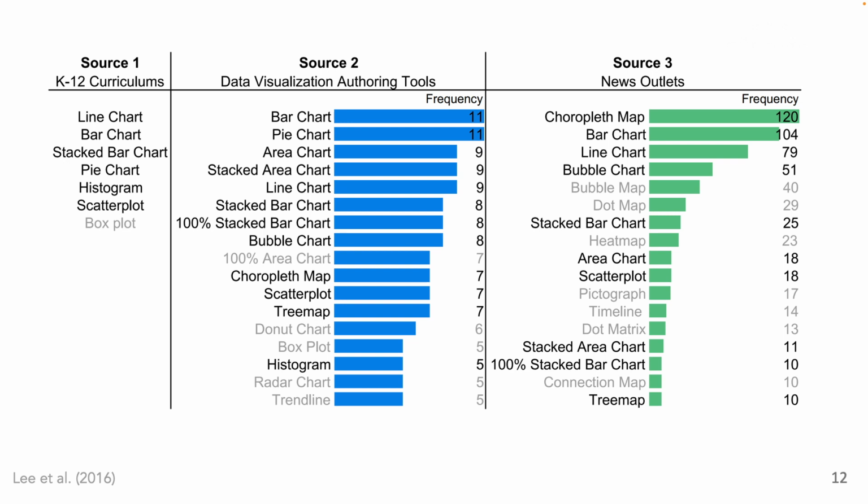The third one is the news articles like New York Times and Washington Post, where visualizations are mainly used. After this, visualizations that were listed in at least 2 of these sources were considered in the final test. Based on this, a total of 12 common visualizations were selected.